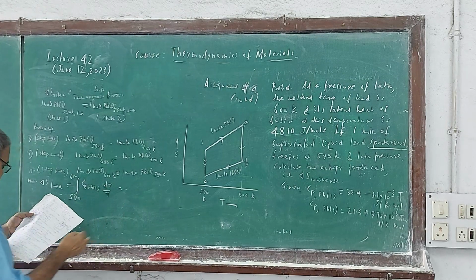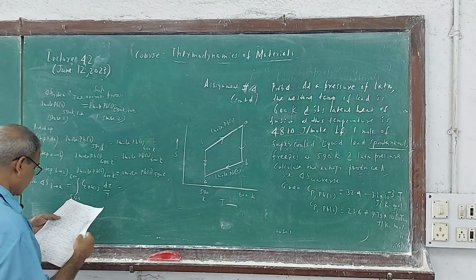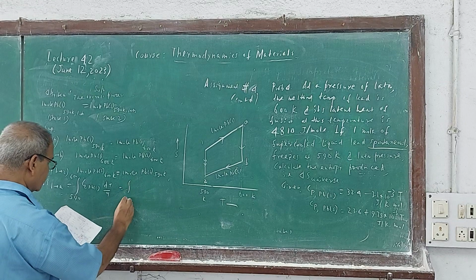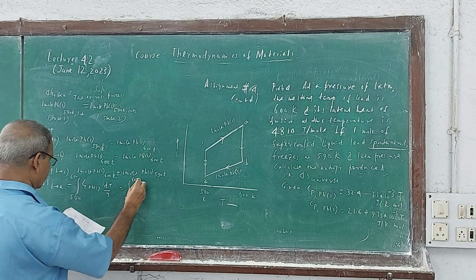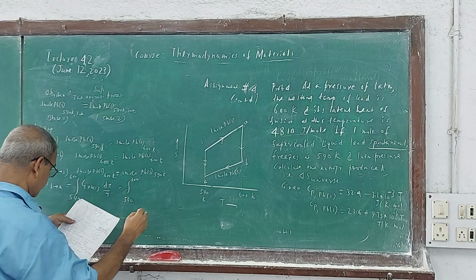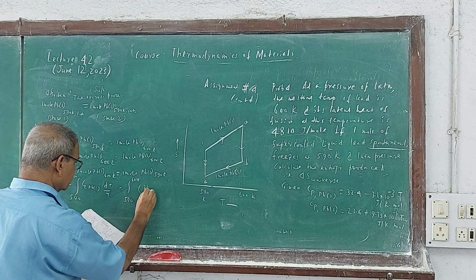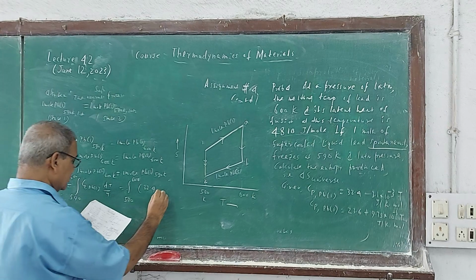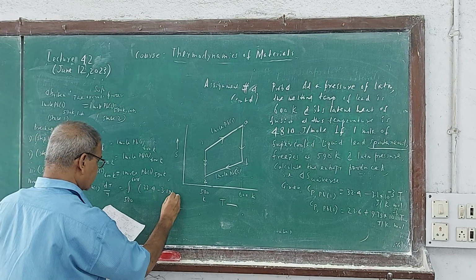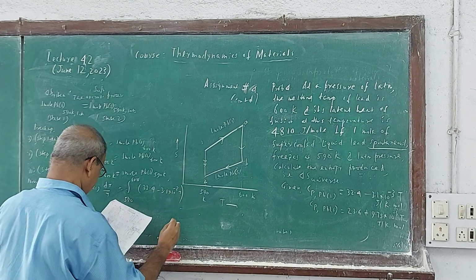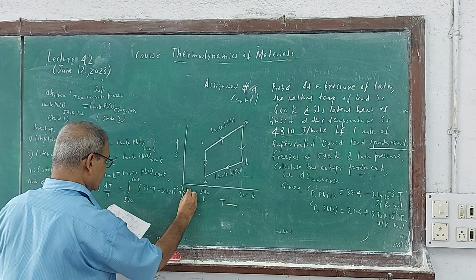Quickly, you do yourself the Cp liquid extract. One I am doing, but I don't have time. So 590 to 600. What is Cp liquid? Copy from this: 32.4 minus 3.1 times 10 to the power minus 3 T, dT by T. Happy?